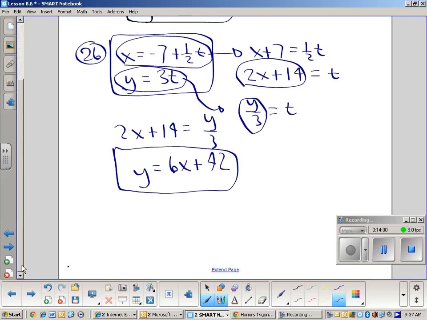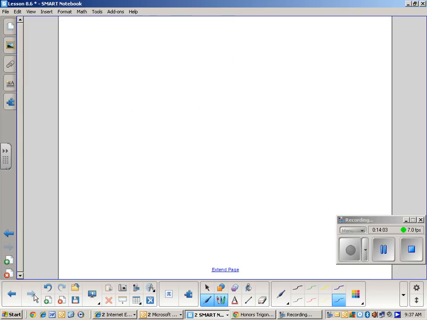Okay, I see in my notes I had also done number 14, and it's not on the board, so I didn't have it saved. For number 14, they give us point P, which is negative 6, 10. They give us vector A, which is 3, 2.